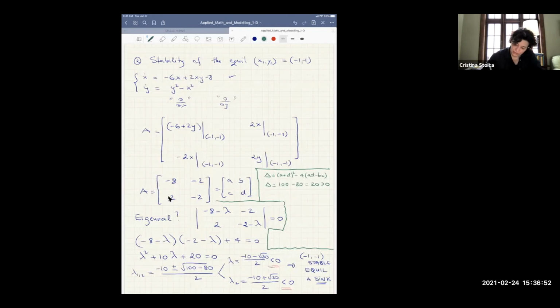And then you do the P and the Q. The Q was lambda 1 times lambda 2, so in this case it is AD minus BC, which is 16 plus 4. So Q in this case is 20, so it's positive.